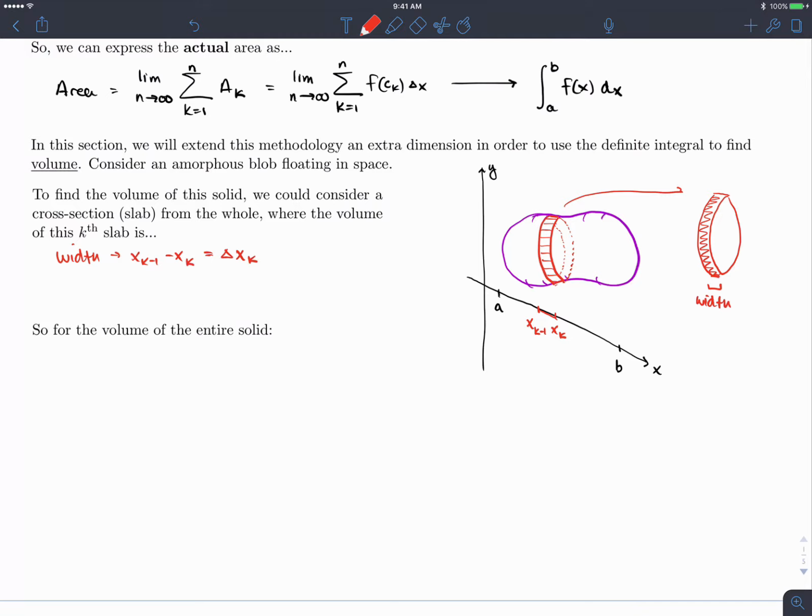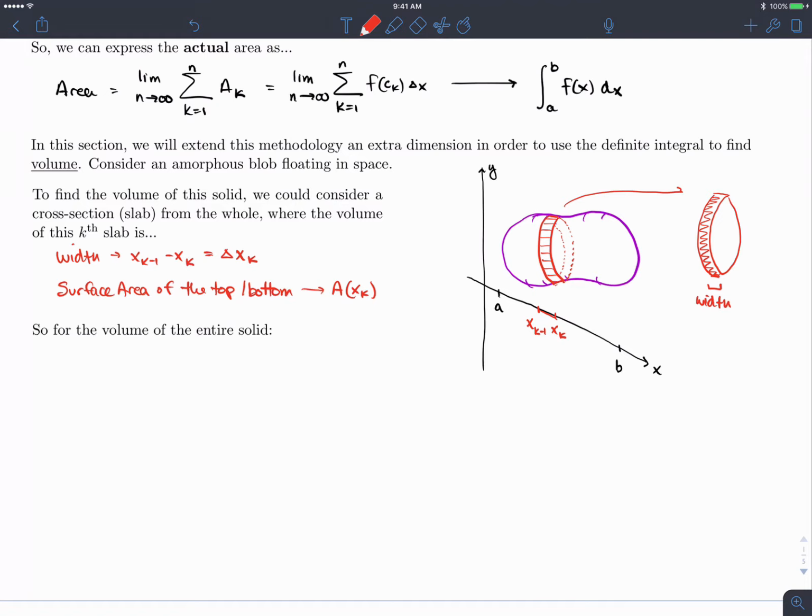We'll get more specific when we get into more examples, but for right now we've got the width, and then we are going to consider the surface area of the top or bottom. It's not going to matter eventually, but I'm going to call this A of x sub k. That's some formula that we don't necessarily know for right now for the surface area of the slab.